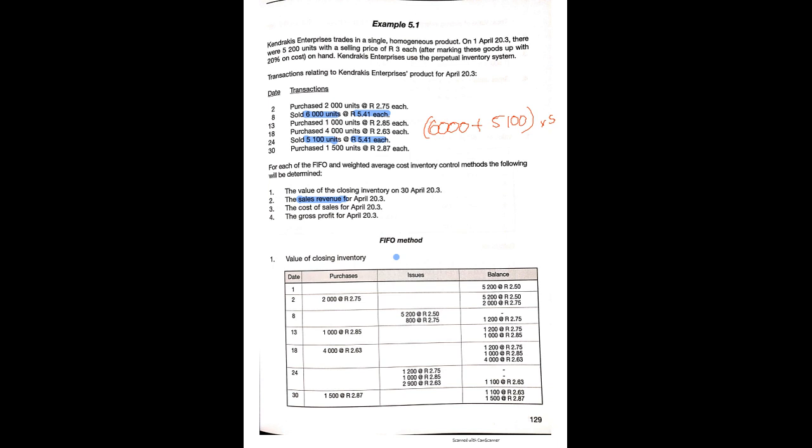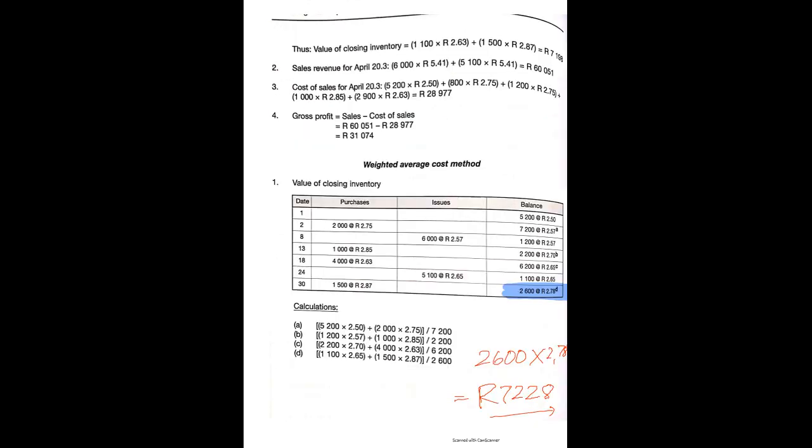Or you can do them individually because most of the time they should be different selling prices. So it'll be 6,000 times 5 Rand 41 plus 5,100 times 5 Rand 41. So that'll be the same selling price of 60,051.